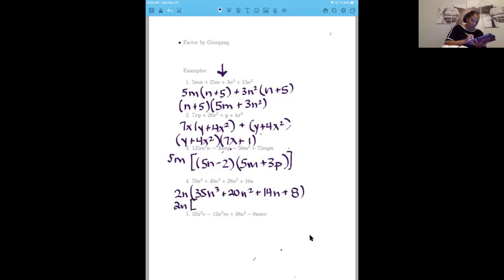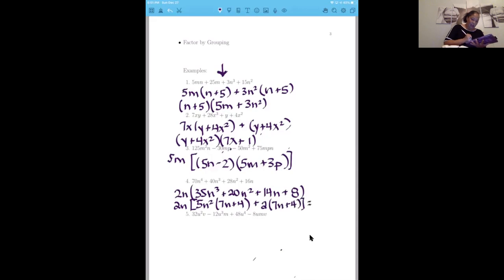factor the first 2 groups, the first 2 terms, and what they have in common is a 5n squared, and what I have left is a 7n plus 4. The second 2 groups of terms, they have in common, it looks like just a 2. And if I factor out a 2 from 14n, I get a 7n plus 4.